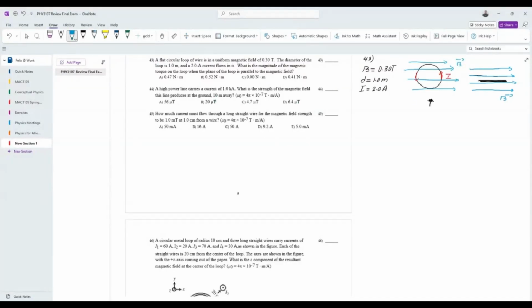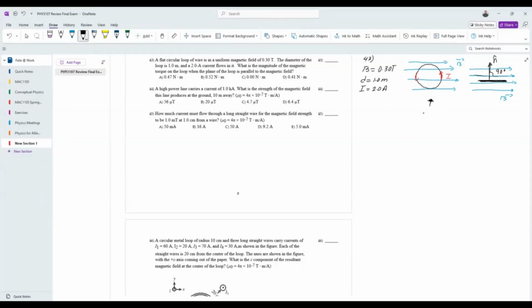Now, remember that what matters is the angle between the normal to the plane of the loop and the magnetic field. So the normal to the plane of the loop is this vector. And the angle theta between the normal and the magnetic field is 90 degrees.